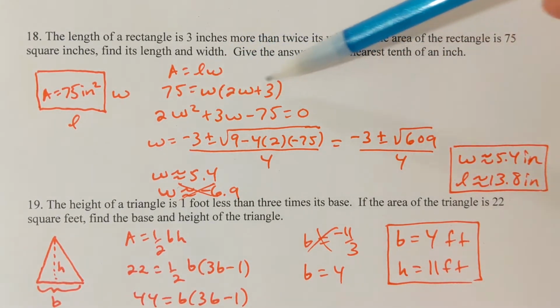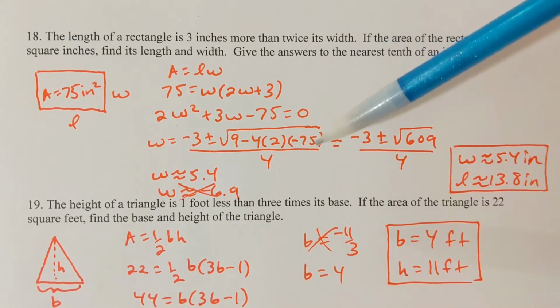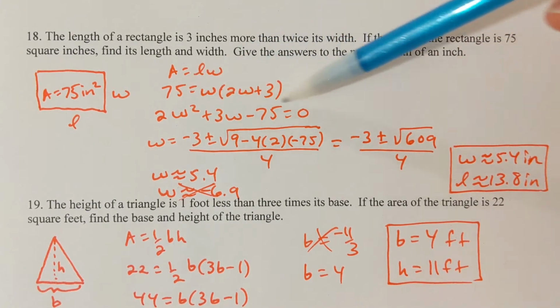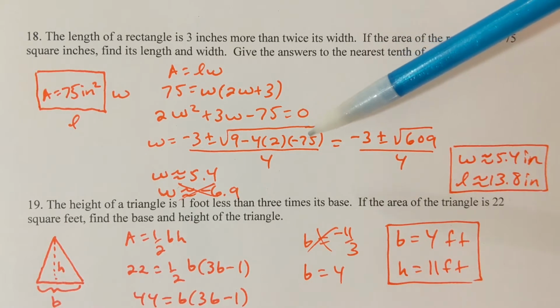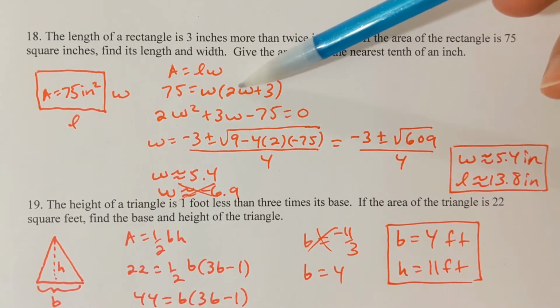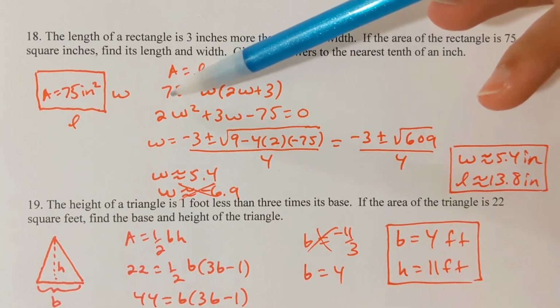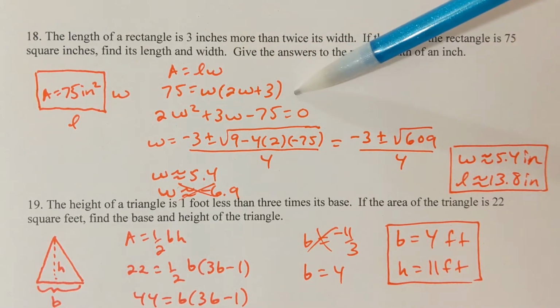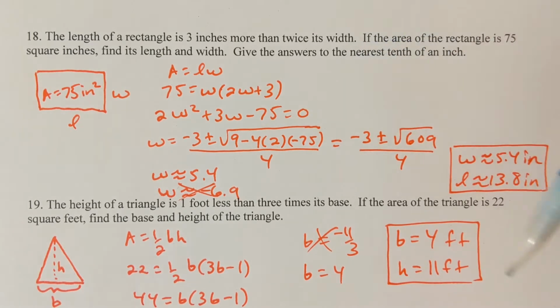So I'm writing this in terms of W, okay, and I would need to then solve for W. Let's distribute W here. You get 2W squared plus 3W. I'm also going to get everything onto one side. Minus 75, that's all equal to 0.